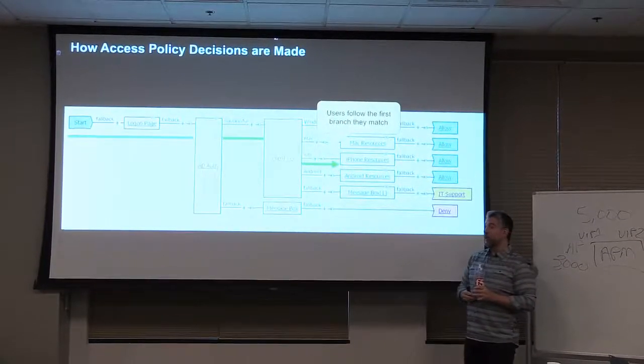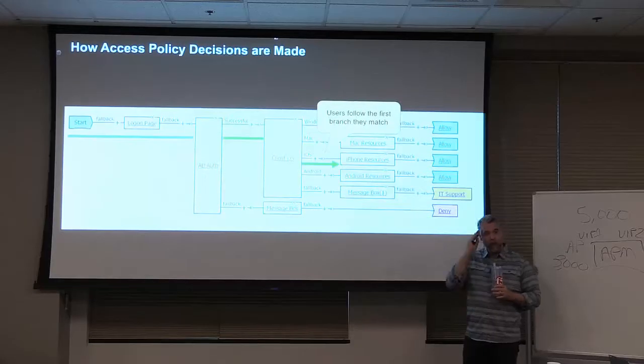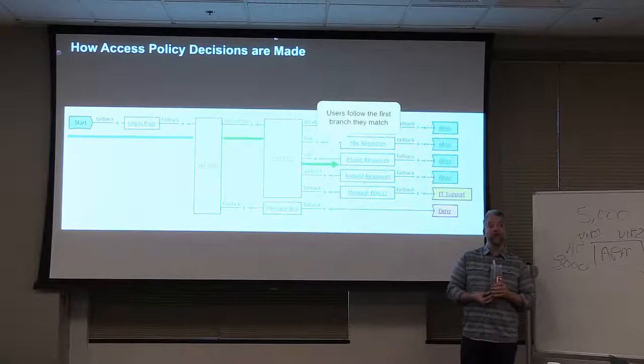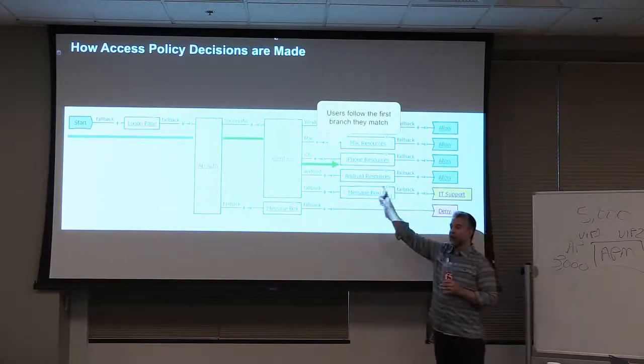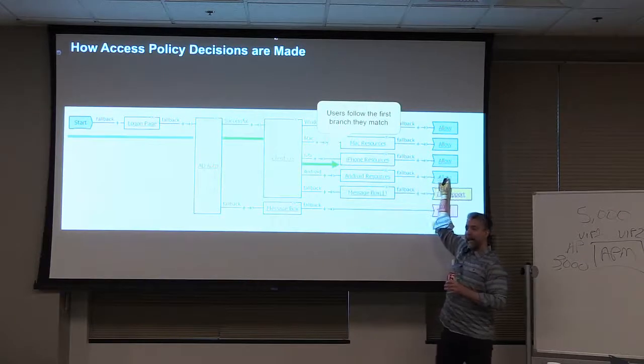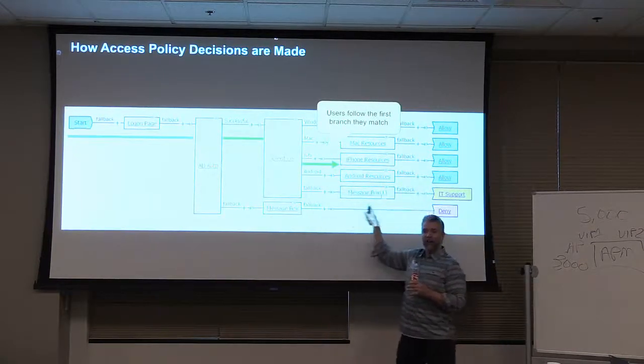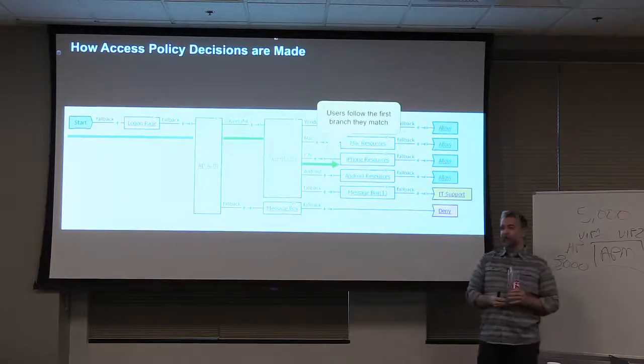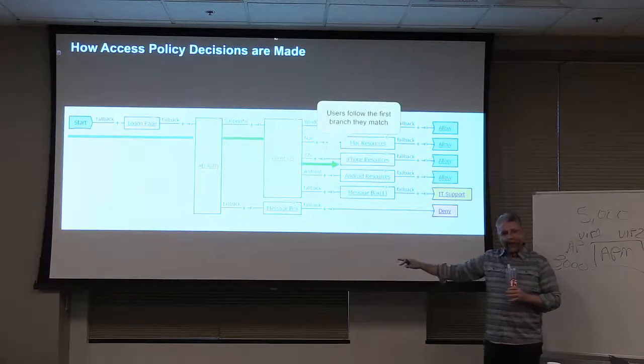When you have this kind of a branching system, it's always important to remember that we travel the first branch we match. And we never follow a branch to the end and then come back and check and go to another branch. Once you start heading on a branch, that's where you're going. You're not going to ever traverse back.